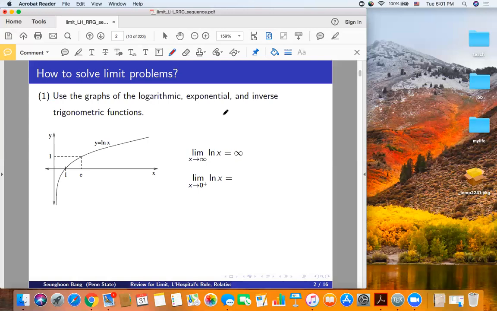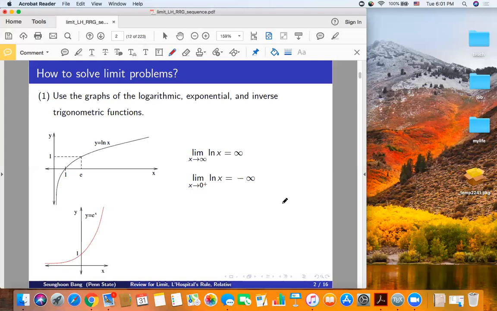No. Minus infinity. Yes, minus infinity. Here, x value approaches 0 from the right. The x is like the x-axis. What happens? The ln function is going down, going to negative infinity. This is the first graph.